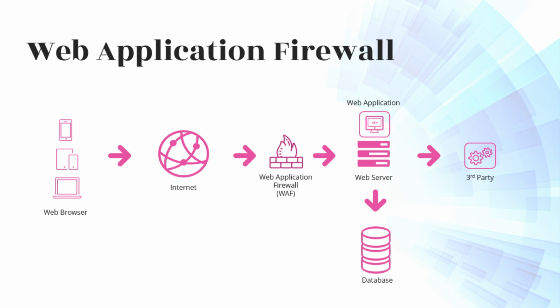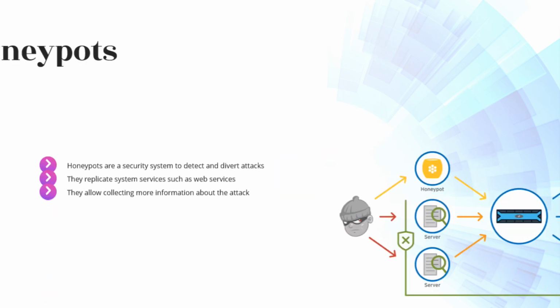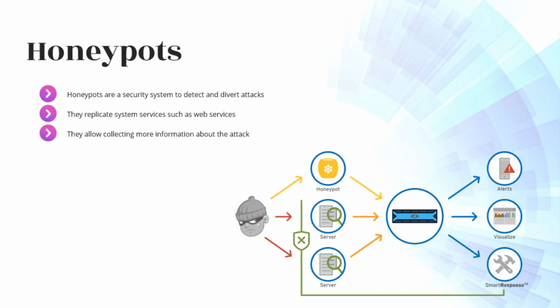This device will basically scan all the inputs that come in in order to protect against them. The last thing I have here is honeypots, and honeypots are systems that can be used to lure attacks and in order to protect the system by, let's say, diverting the attacks from the hackers.